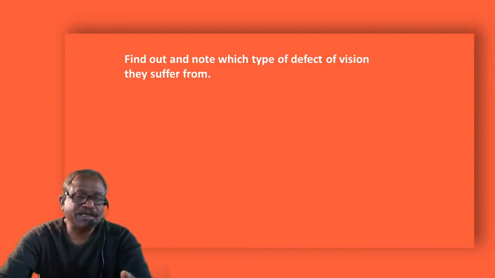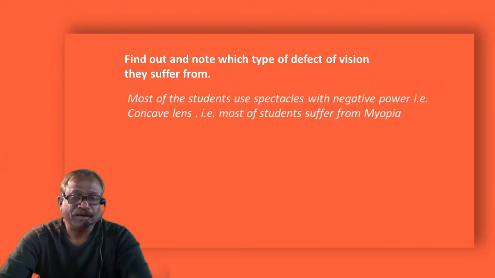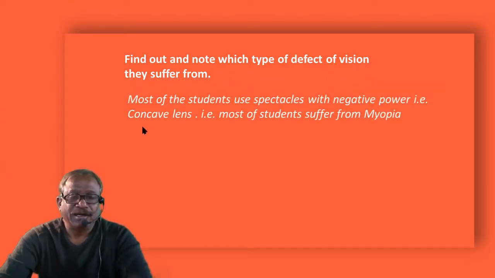So this is a general study for awareness. You find that most of the students use spectacles with negative power, that is concave lens. Most of the students suffer from myopia.